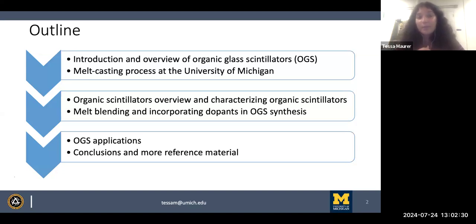Then I'll talk about melt casting, the process we do at the University of Michigan, because I could speak more to that. We'll also talk about organic scintillators in general, and give a little bit of background on the physics behind them and how they work, some of which might be review from other lectures, but I hope to give a clearer baseline as I talk more about the experiments we do to characterize organic scintillators.